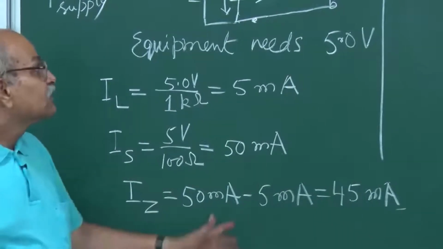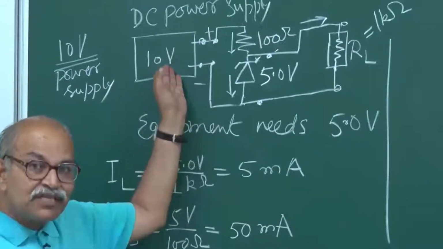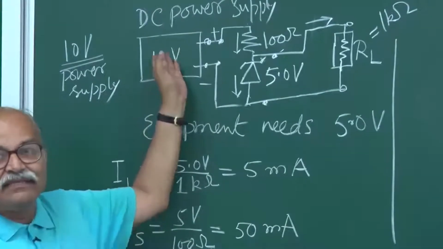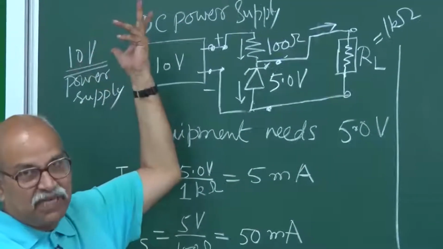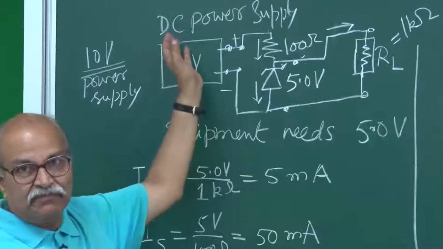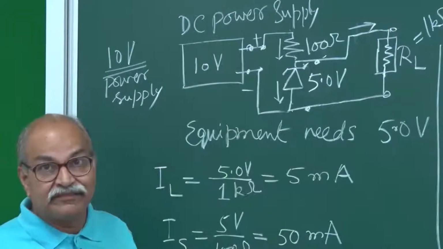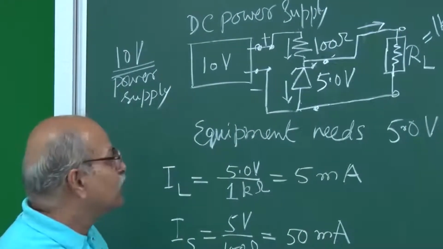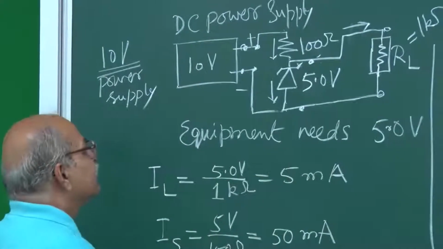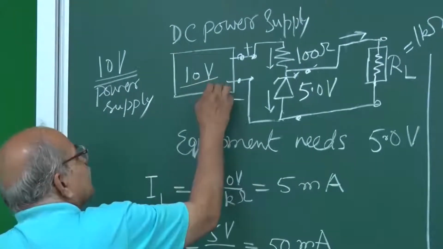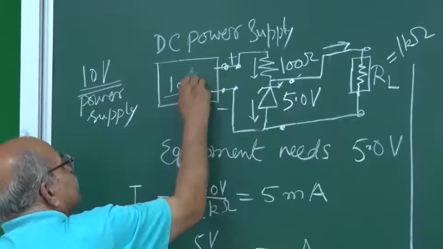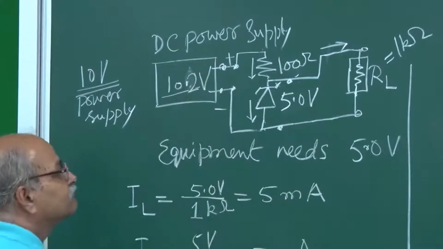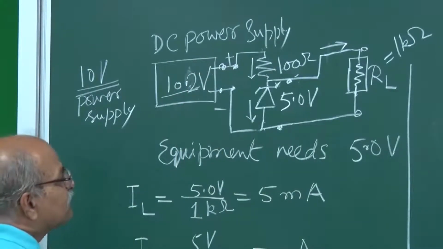Now suppose there is a fluctuation in this voltage, and this 10 becomes, let's say, 10.2. What will happen? So analyze it once again, taking that this 10 has now become 10.2. So what happens?